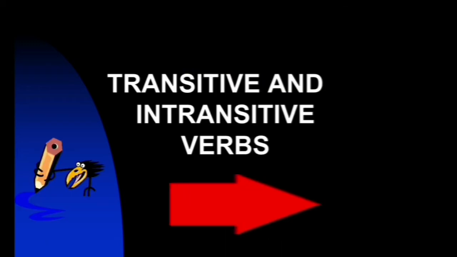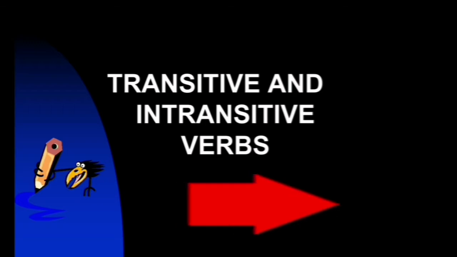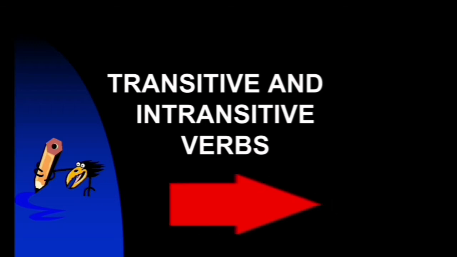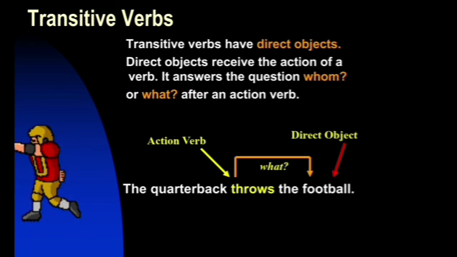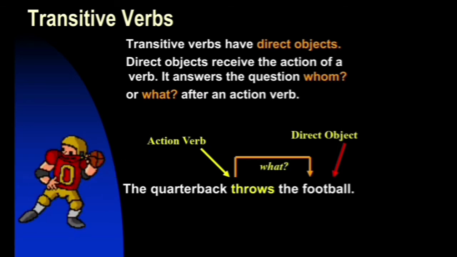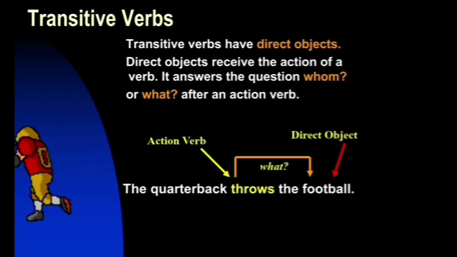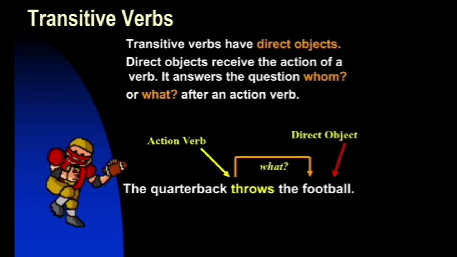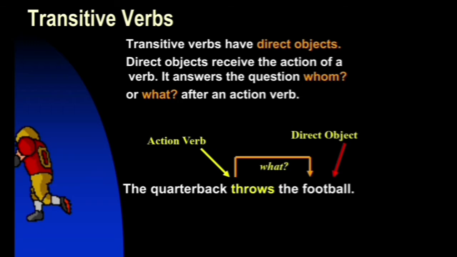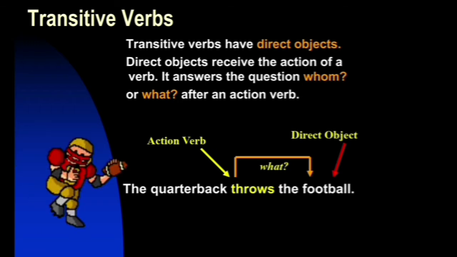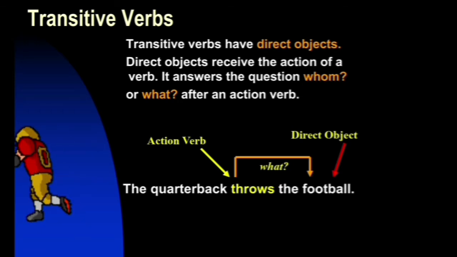Let's see what a transitive verb is and what an intransitive verb is. As I have explained in your online classes also, today I am going to explain this in the video. Transitive verbs have direct objects. Direct objects receive the action of a verb.